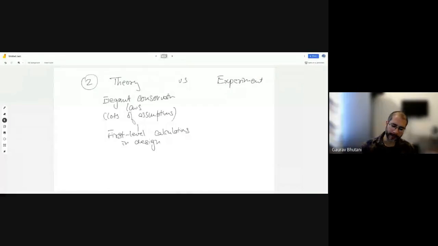Next is experiment. So experiments bring in the effect of real world constraints. If I want to design an aerofoil, what I can do is make that aerofoil shape in a lab. And of course, when I say design, I want to design in terms of what is the force acting on the aerofoil when it's flowing with a certain speed.